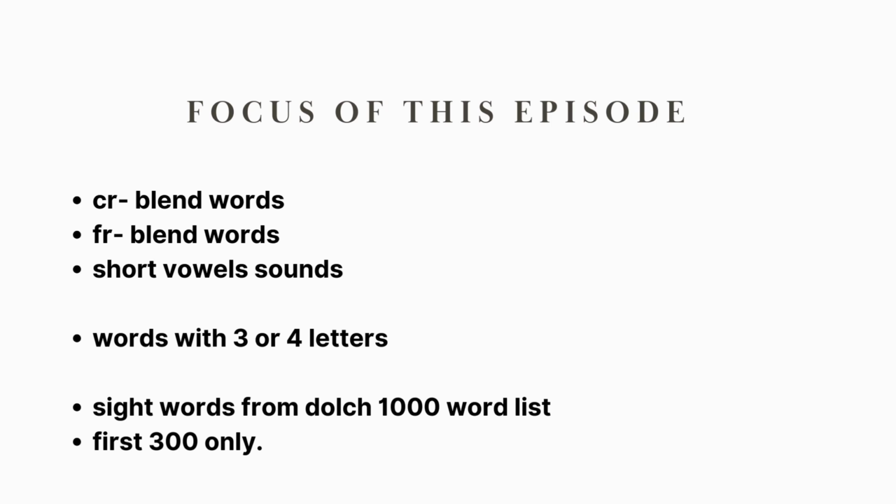I am providing this information on the podcast, showing you how you can make your own decodable text, as well as letting you know the type of scope and sequence that you should be looking for. There are programs out there that have a scope and sequence that aren't from most simple to more complex, and you should be able to judge that.